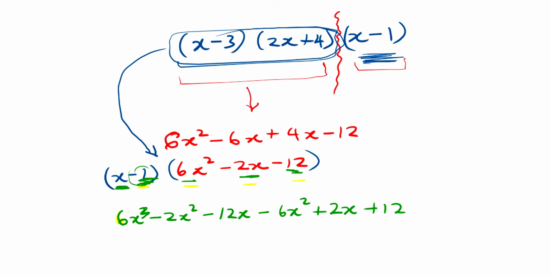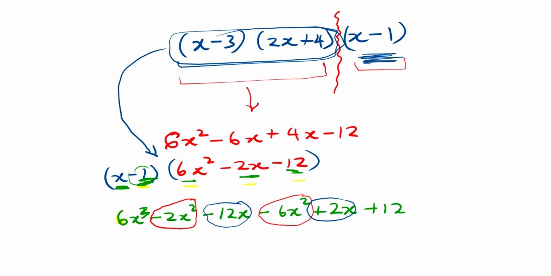Okay, so I'm using color to identify. First we have some like terms here. This s squared and this s squared are like terms. Then we have other like terms here. Minus 12s and 2s are like terms. So I'll have to put all these together to make my expression more concise.